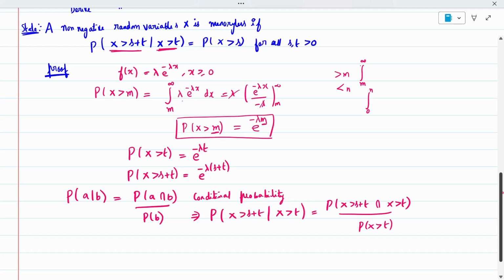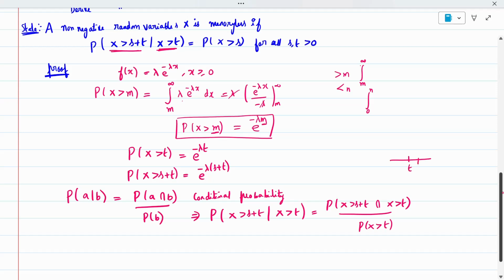Intersection means you check it is more than s plus t, and greater than t is nothing but greater than s plus t.